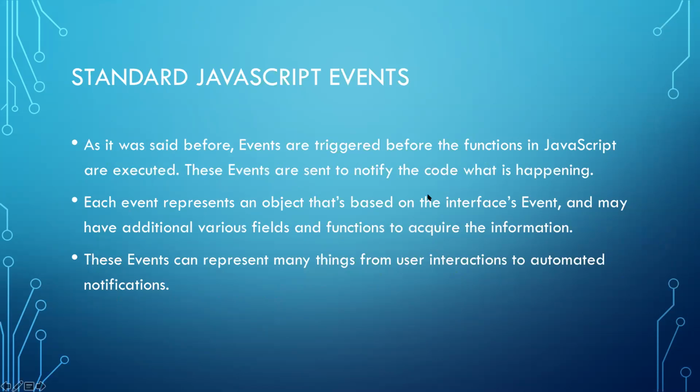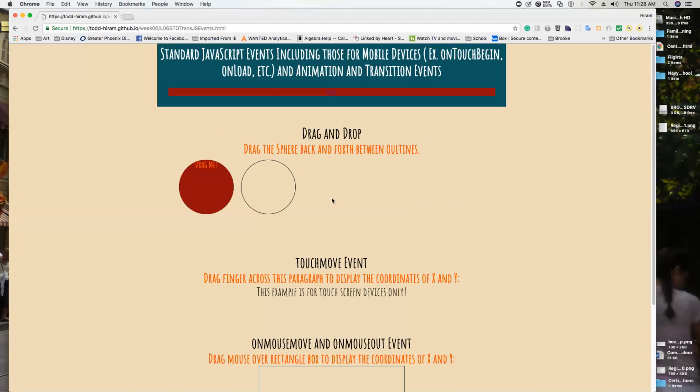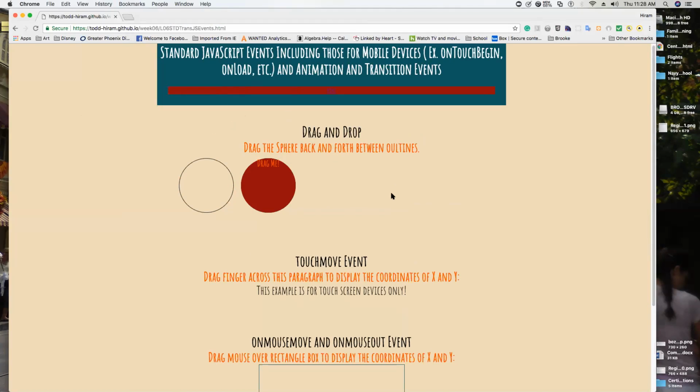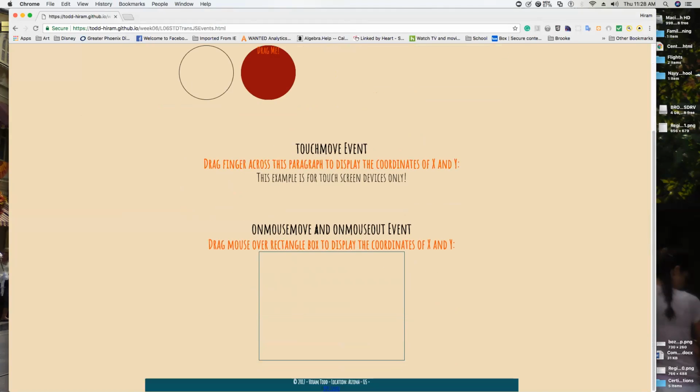Let me go ahead. So here's my site, my page for that area. I got drag me, where I can just click on it and move it over. This is the one that won't work on the desktop. If you try it out, it'll show on the tablet or phone.